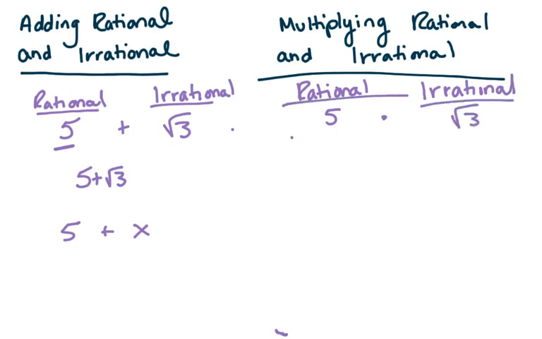For multiplying rational and irrational, I'm just going to keep them next to each other. You can't multiply inside that square root if the number is not also inside the square root. So I would just write it as 5 square root 3. Just like if I had 5 times x, I would write it as 5x. So if you see a number in front of the square root without an operation with it, it's multiplying, okay?